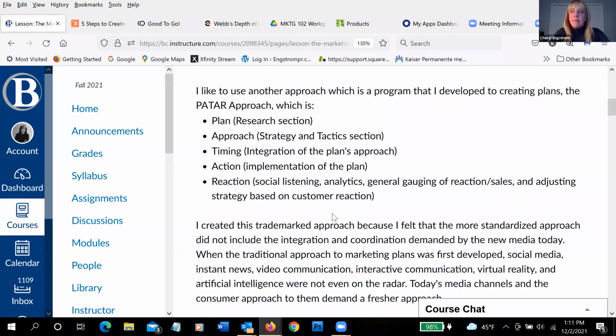That's what they see. They go, yeah, that makes sense. I like that. But then there are strict rules in some marketing plans where you do your strategies, then you do your tactics. I am open either way, whatever makes sense.